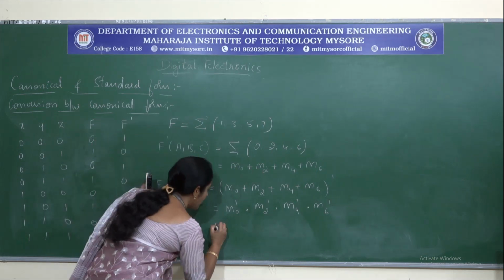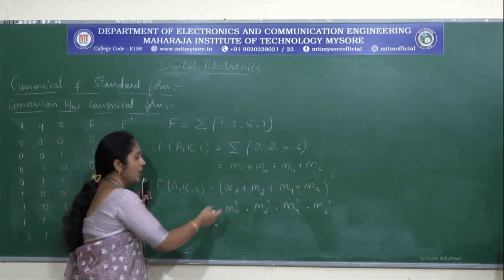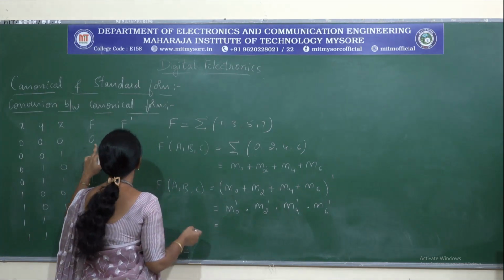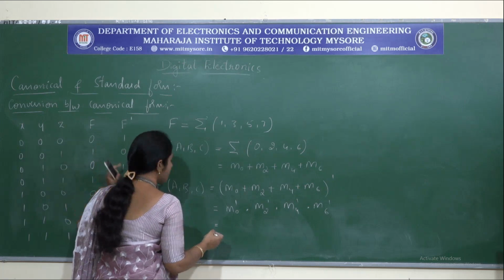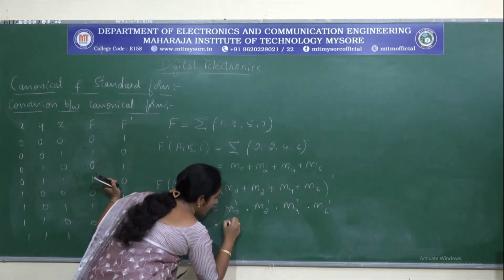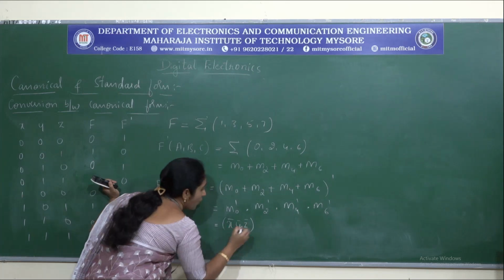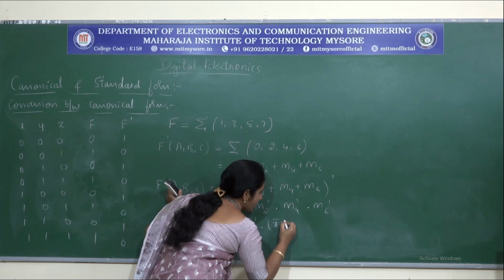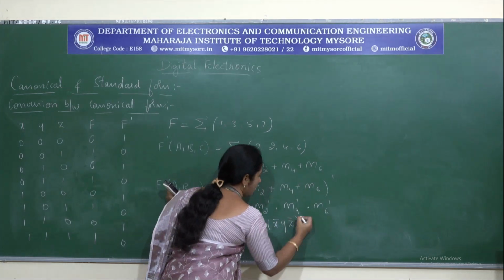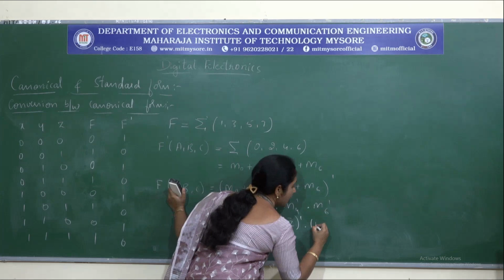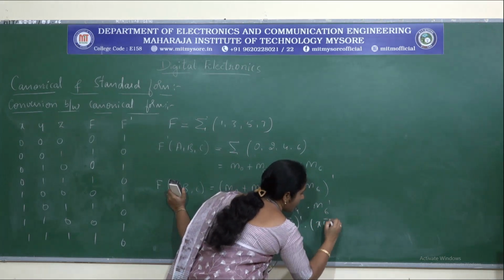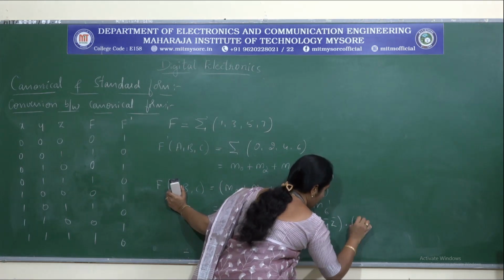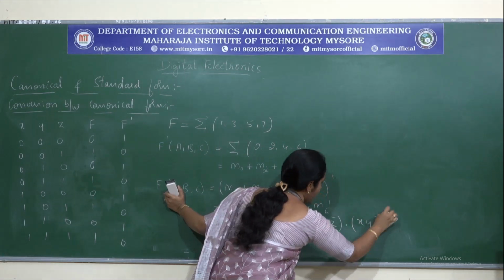Now let me write the expression for this and then expand using, again, De Morgan's. So m0 can be written as 0 0 0, therefore x bar y bar z bar whole dash, dot m2 is 0 1 0, so x bar y z bar whole complement, m4 is 1 0 0, so x y bar z bar, m6 is x y z bar.